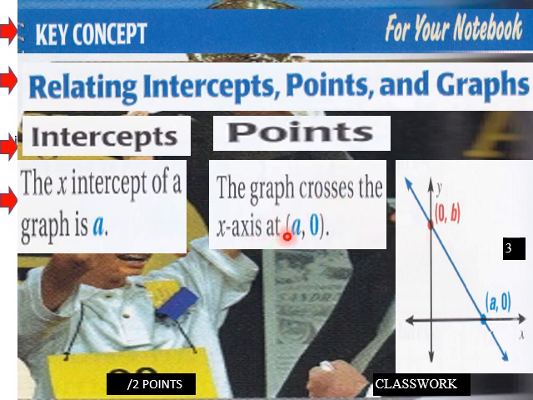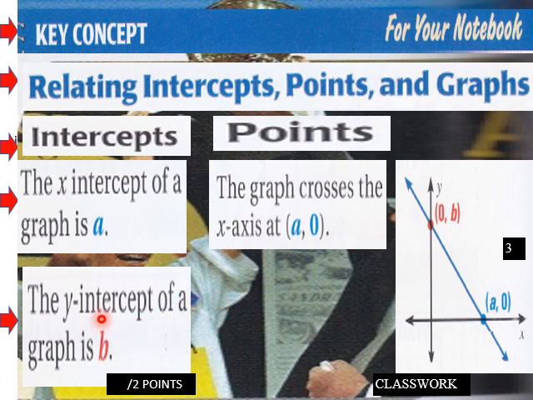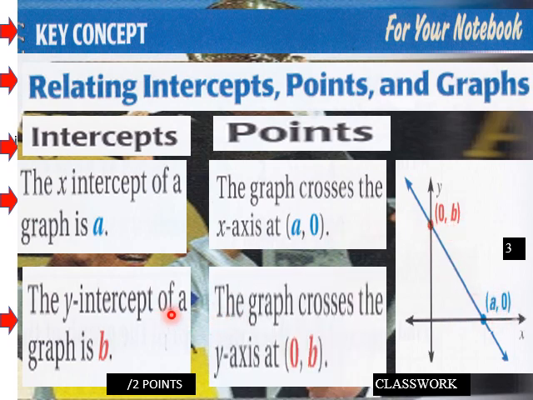The graph crosses the x-axis at (a, 0). The y-intercept of a graph is b up here, (0, b) or (a, 0). And for your y-intercept, the graph crosses the y-axis at (0, b) right there. So that's the strategy for finding your intercepts: making x or y 0 and then solving for the other.